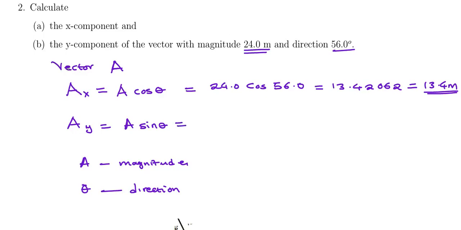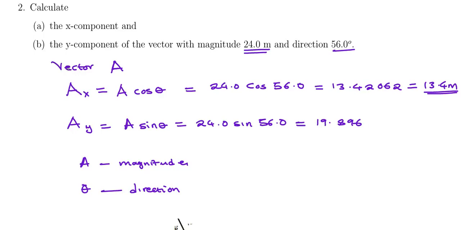The y component, you are going to say 24.0 sine 56. What we are going to have is 24 sine 56. It's giving me 19.896.